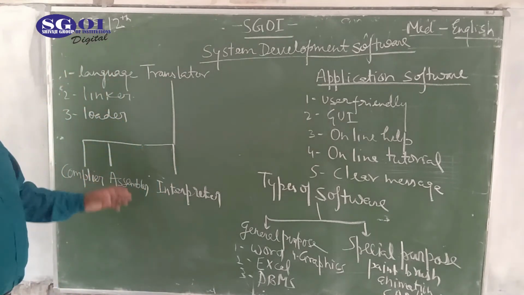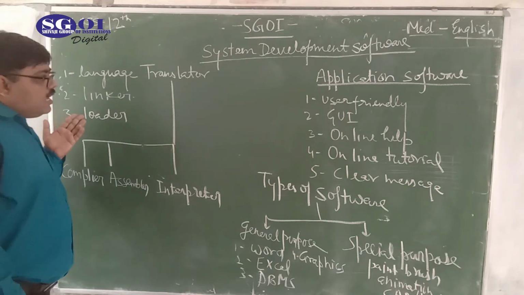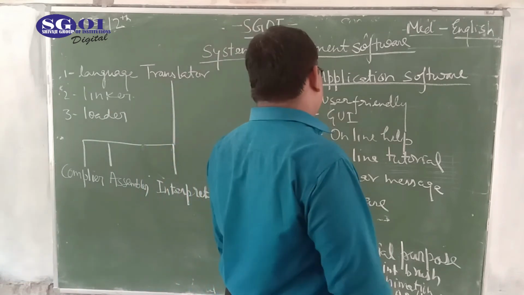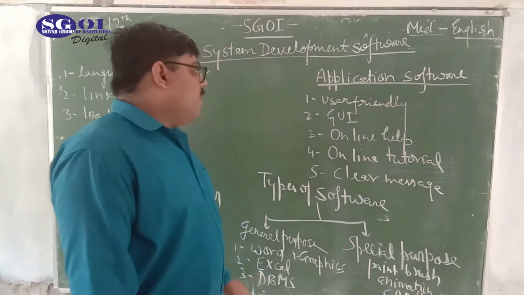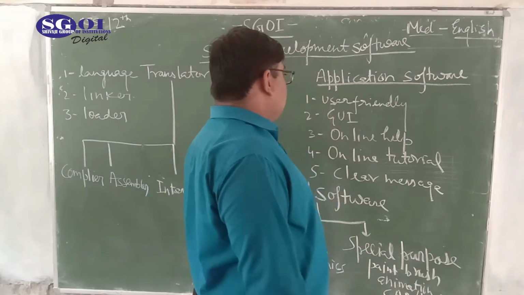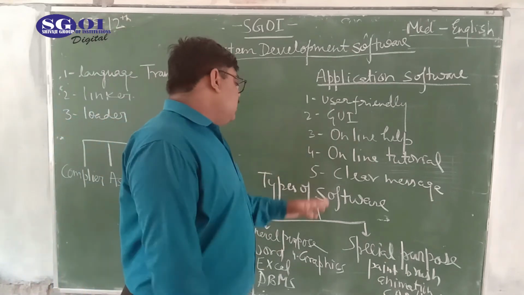So this is all about this class. Today you have learned the language translators, that is compiler, assembler and interpreter. Then you understood what is linker and loader. Then you understood what are application softwares and the features of application software, that is user friendly, GUI, online help, online tutorial and clear messages.